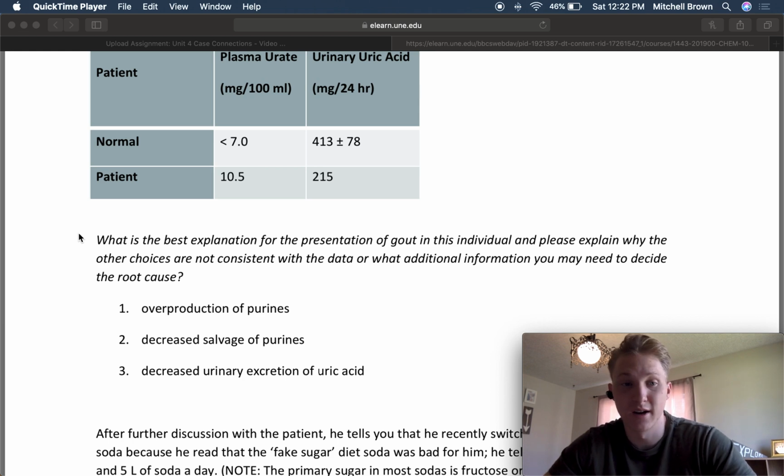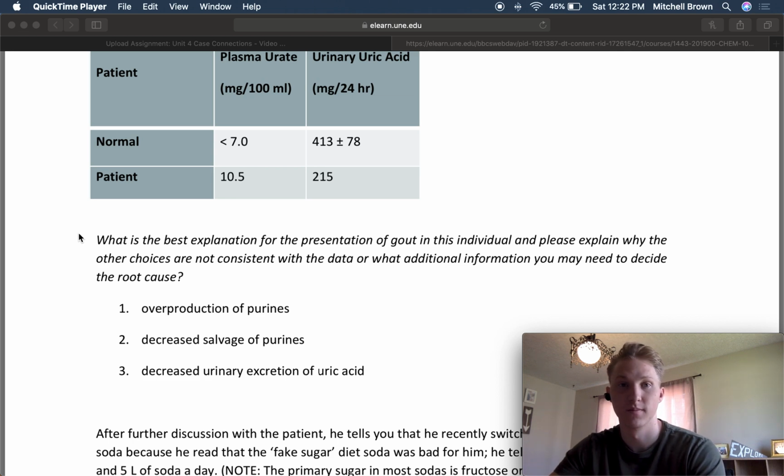So we'll say it's not number 1. Number 2 is a decreased salvage of purines. Again, it could be a decreased salvage because we show increased plasma urate, but we again do not have enough information to determine this. And again, the low urinary excretion points to the decreased excretion of uric acid.